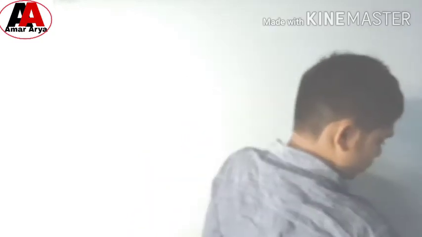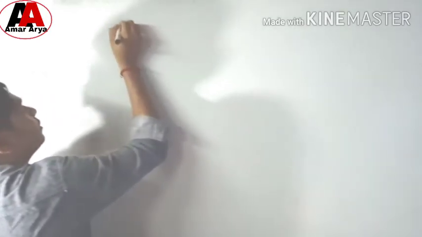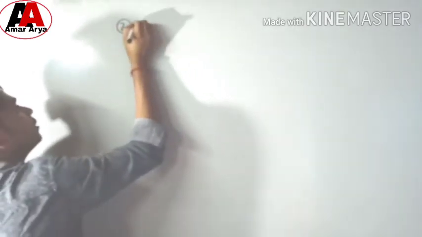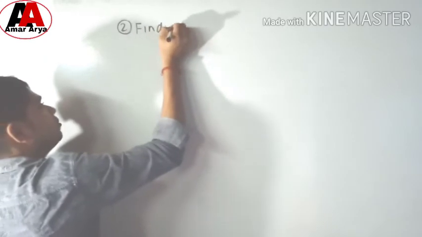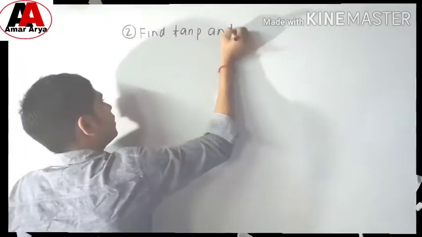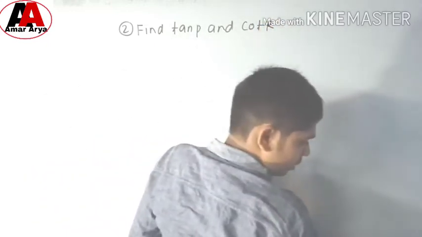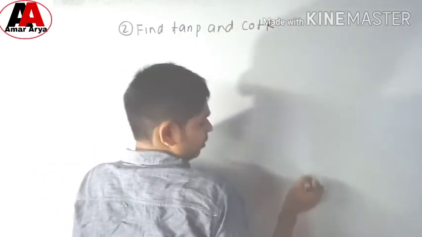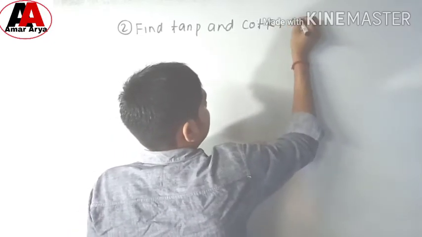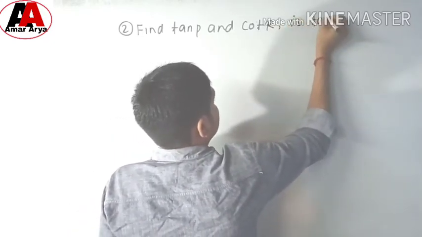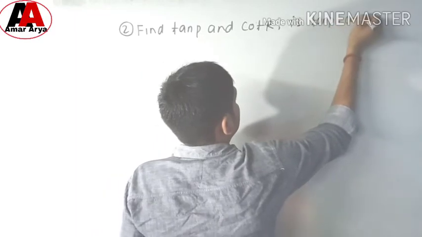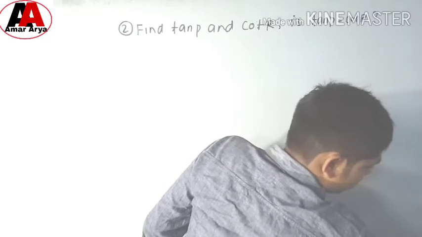Next question: find tan P and cot R. Is tan P equal to cot R? A figure is given, and you need to check whether tan P and cot R are equal.